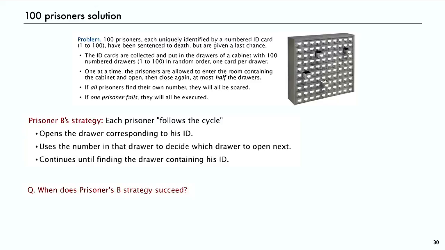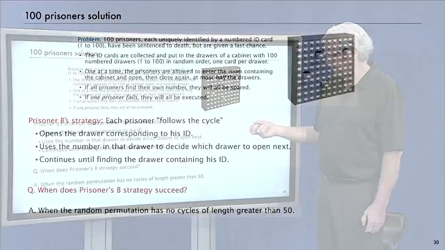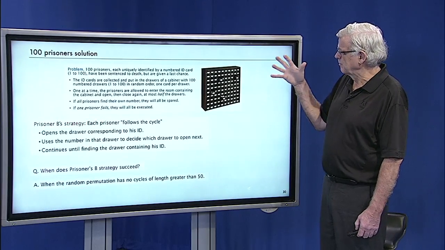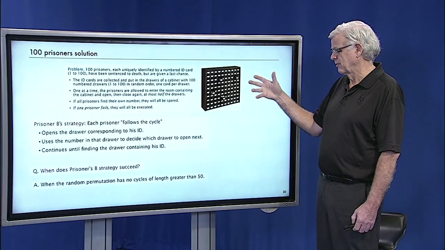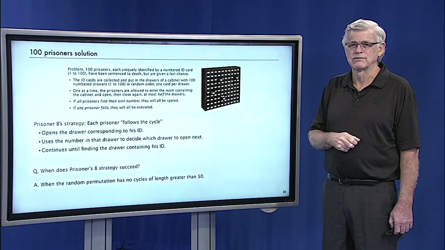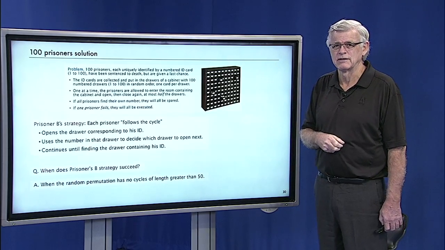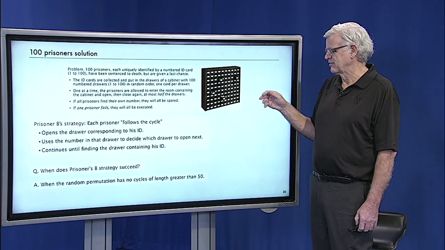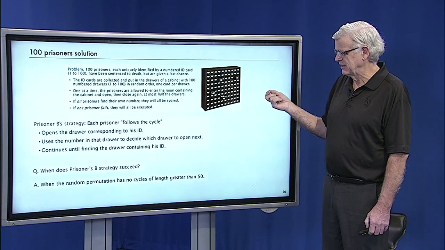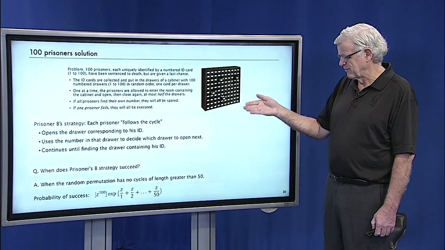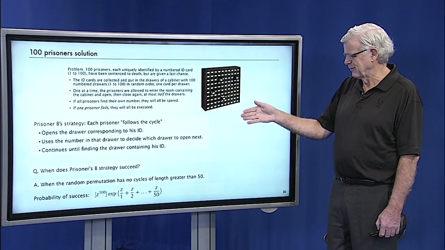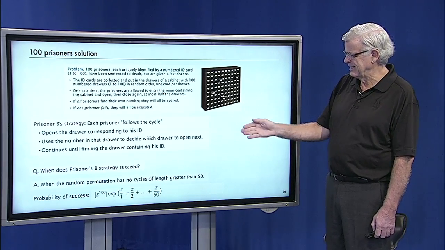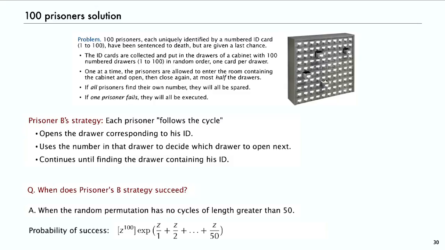So if you think about that, when does the strategy succeed and when does it fail? It's going to succeed if the permutation that represents the cards in the drawers has no long cycles, no cycles of length greater than 50. So what's the chance that a random permutation has no cycles of length greater than 50? It's the coefficient of z to the 100th in e to the z plus z squared over 2 plus so forth up to z to the 50th over 50.